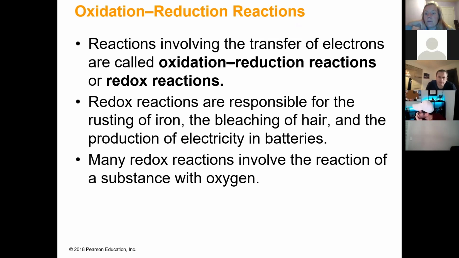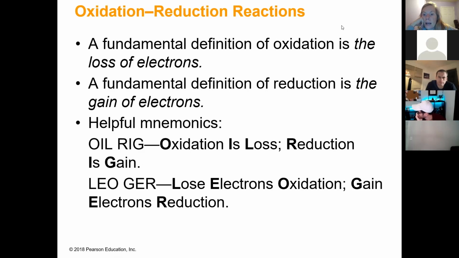These are all examples of redox reactions. A redox reaction is really just a reaction where an electron is getting transferred from one thing to another. I don't expect you to identify redox reactions, or to tell me what's being oxidized and what's being reduced.